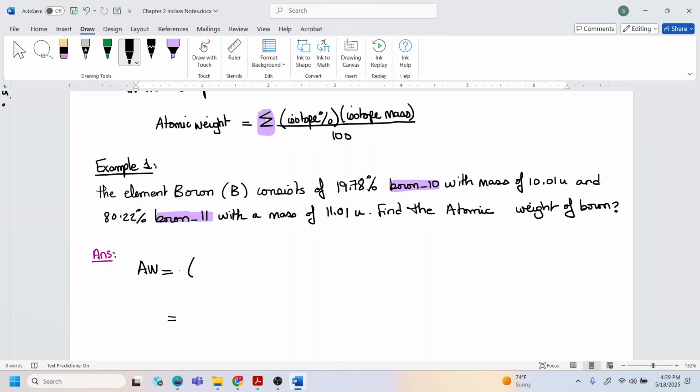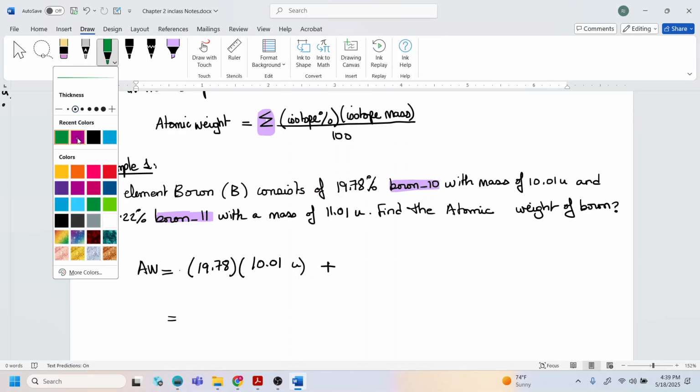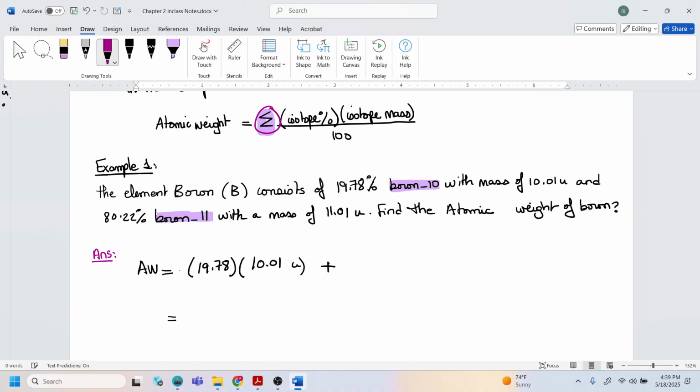So for boron 10, the isotope percentage is 19.78. We're going to multiply it by 10.01 atomic mass units. Plus, this is what the sum over here means. I'm just going to add all the isotopes together. So the second isotope has a percentage of 80.22%, and we're going to multiply this by its mass, which is 11.01 units.